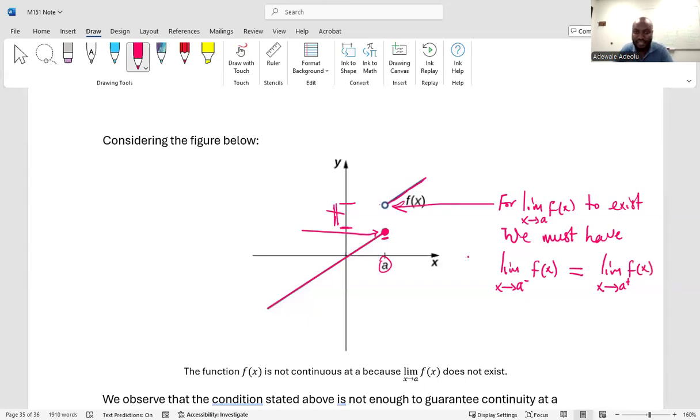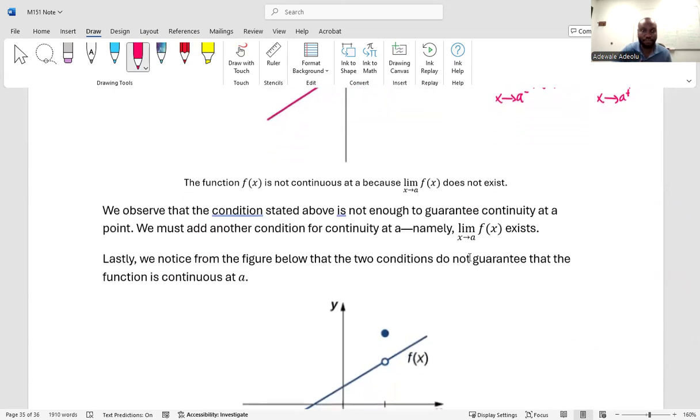But in this case, they are not the same. So we need to put that as the second condition. That is, we must have that the limit of that function as x goes to that point must exist.